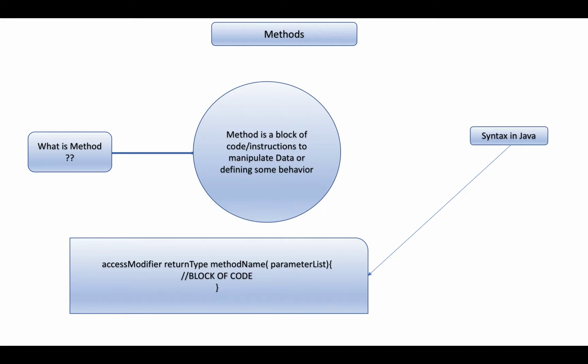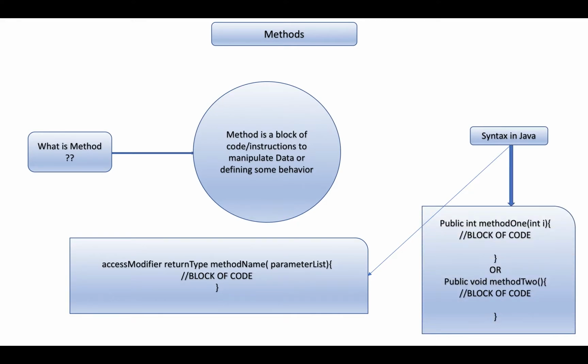The parameter list is a list of variables which the method consumes and performs some operation on, taking that data. Parameters are a list of variables which get considered while the method body or method code is being processed.